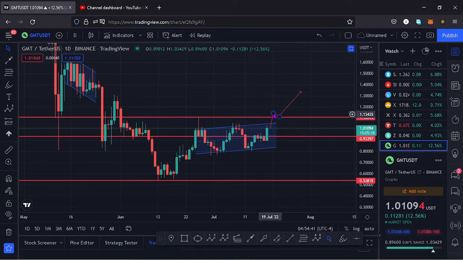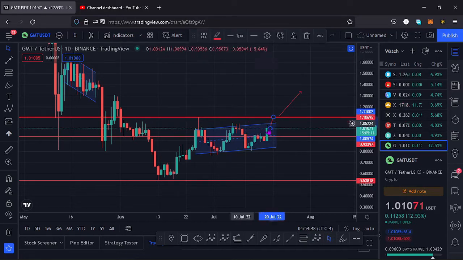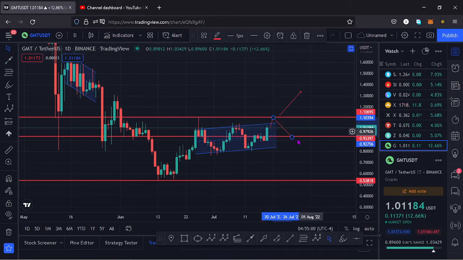It's also possible that GMT might not be able to break above this key area of resistance once we break out of this channel down here. If that move plays out and we get rejected, we might have that massive pullback to the lower side to around the $0.92 mark, where we have our next key area of support.